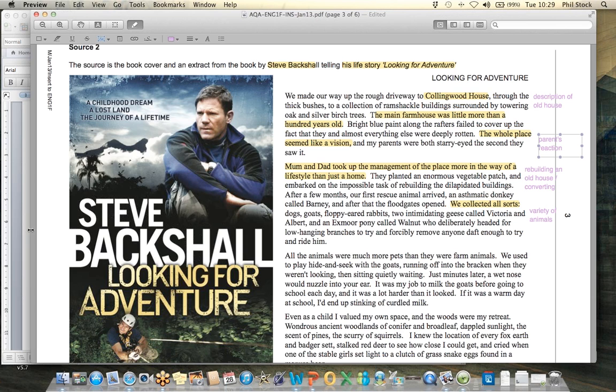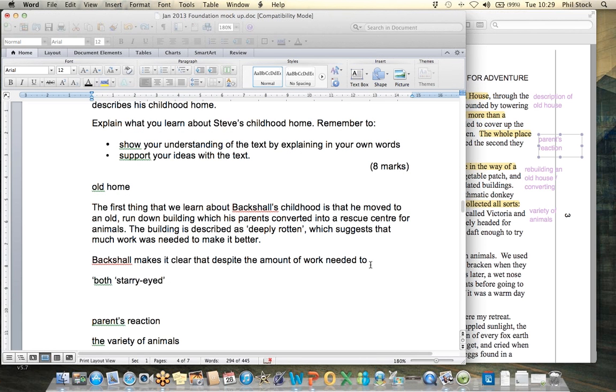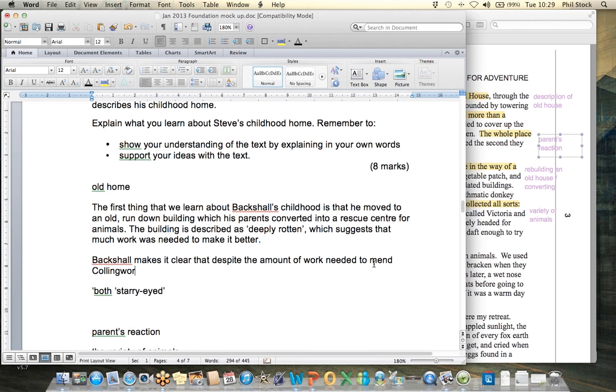I think it was called Collingwood House. So despite the amount of work needed to mend Collingwood House, his parents were keen to do the improvements. Again, need a quotation.